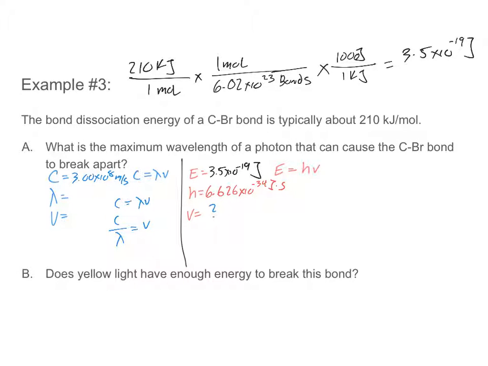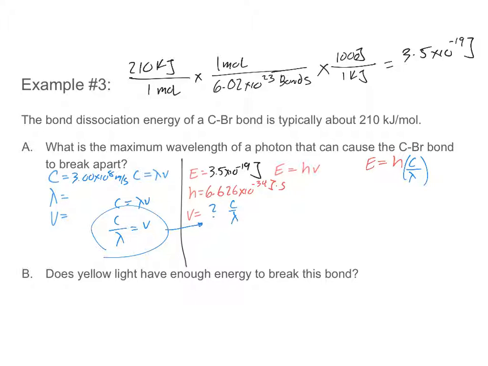And I'm going to plug this here. So now when I go into my formula, well, let me do it this way. I have E is equal to h times c over wavelength.